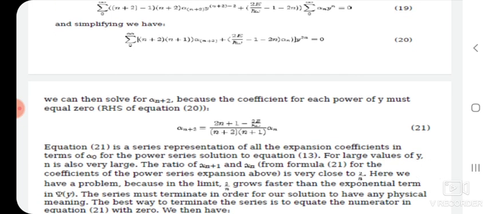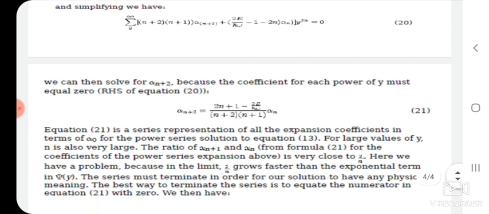Now this equation number 21 is a series representation of all the expansion coefficients. It represents all the expansion coefficients in terms of a_n for the power series solution to equation number 13.